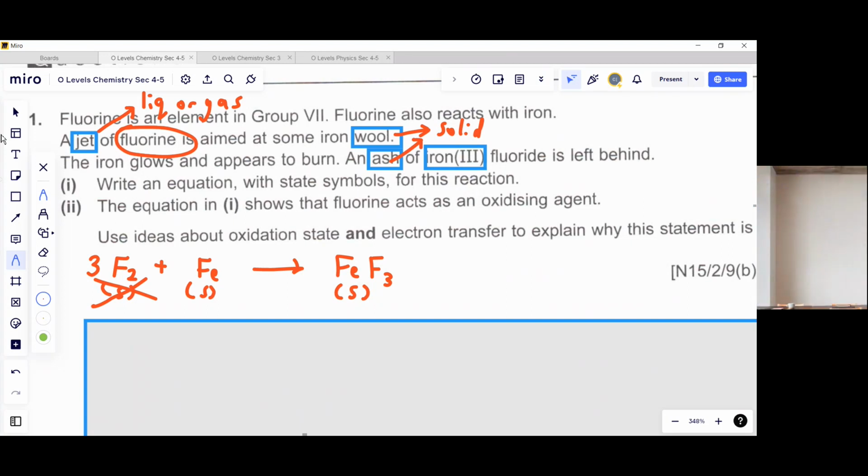Now, of course, everything inside there are elements. Tell me, how many elements are gases in your periodic table? How many elements are gases at room temperature, of course?